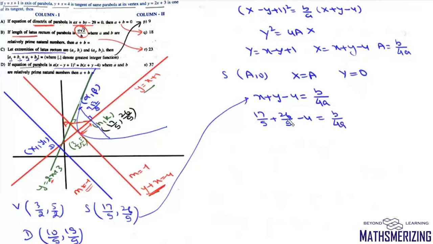So it will be 43 by 9 minus 36 by 9, which is 7 by 9, equals b upon 4a. So we can write b upon a as 28 by 9. Now in this case, what is the value of a plus b? The value of a plus b will be 28 plus 9, which is 37. So that means D is mapped to S.